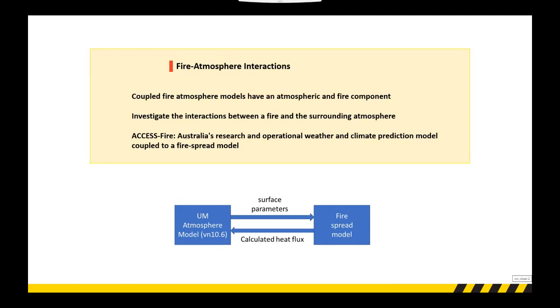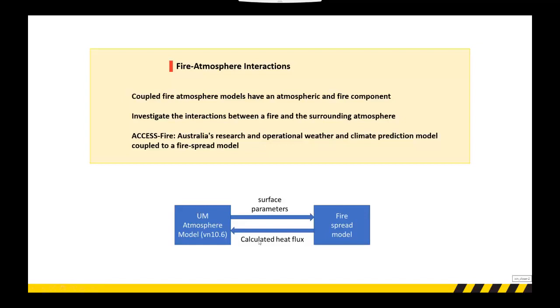The way that it works, you can see from the schematic at the bottom: the atmospheric model, the NWP system, runs a time step. It sends a set of surface parameters, wind, temperature and relative humidity being the main ones, into the fire spread model, which has information about the fire fuels, how much fuel load there is on the ground, and what kind of vegetation structure it is. The fire spread model runs for a time step.